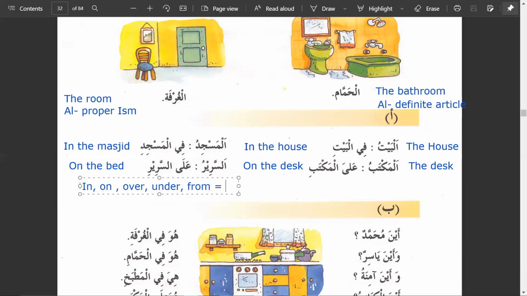But these kinds of words in Arabic, fi, ala, are harf jar.